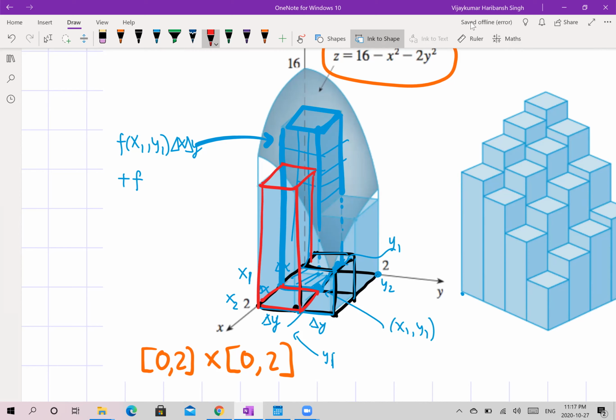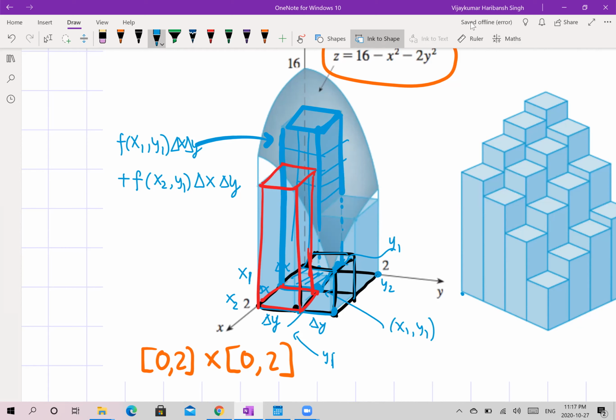So the volume of this rectangular parallelepiped is given by f of x2, y1 for the height, and the area of the rectangle at the bottom is the same, delta x, delta y.